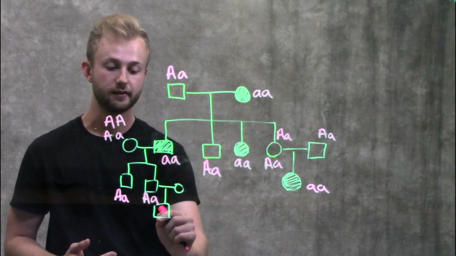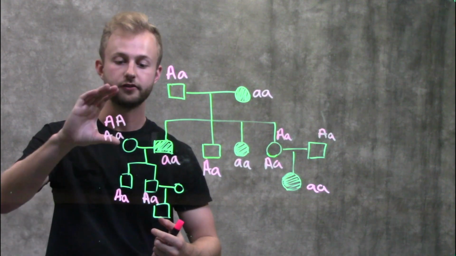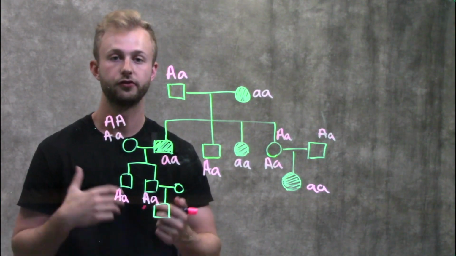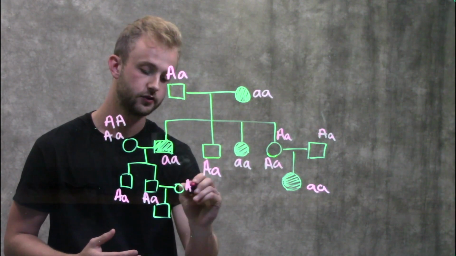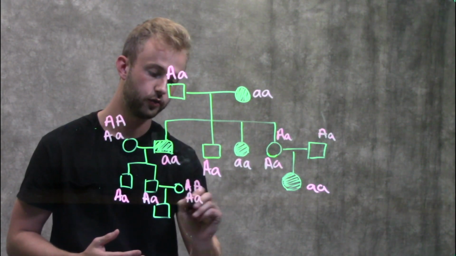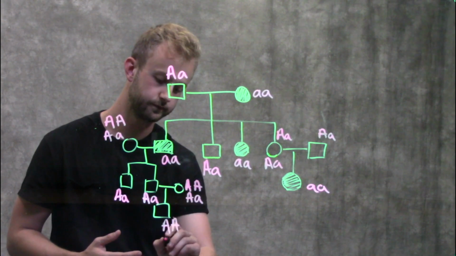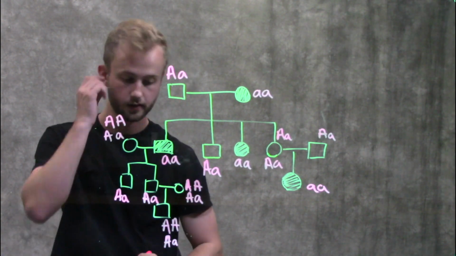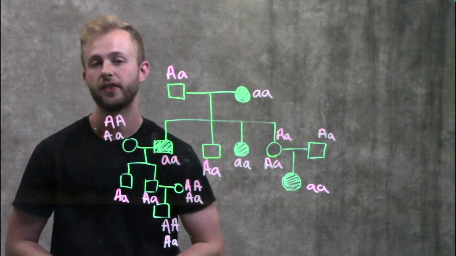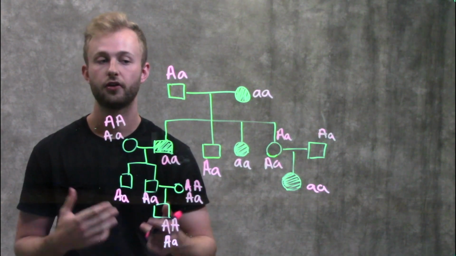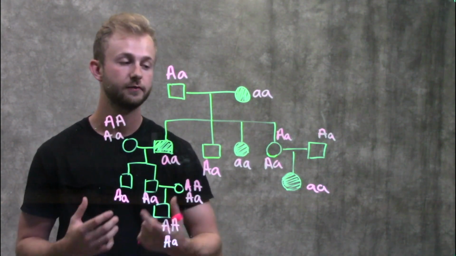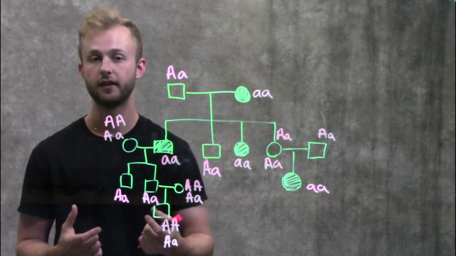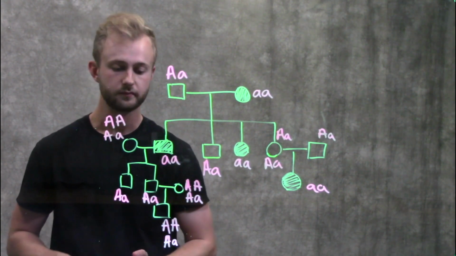As far as these last two, similarly to up here, we're not able to determine what their genotype would be strictly from the pedigree. They could be homozygous dominant or they could be carriers. To review one last time, pedigrees are really helpful in figuring out how specific traits or diseases are inherited, and we can even use them to figure out the genotypes of a lot of the individuals in a family.